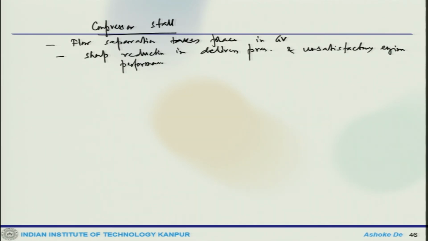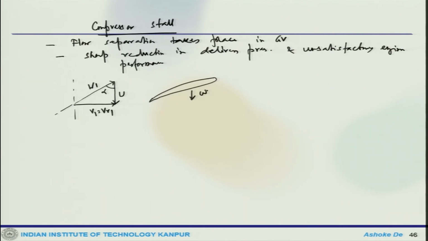So, at design conditions the flow enters the passage smoothly. Okay. So, if you see, this is my aerofoil and this could be the velocity triangle for that. So, this is u, this is W1, this is alpha, this is V1 equals VR1. So, this is the rotation omega.